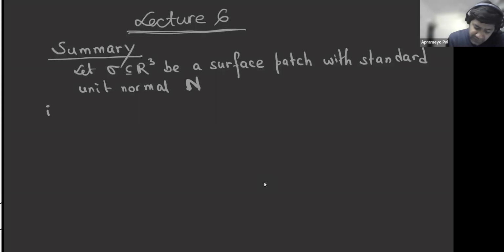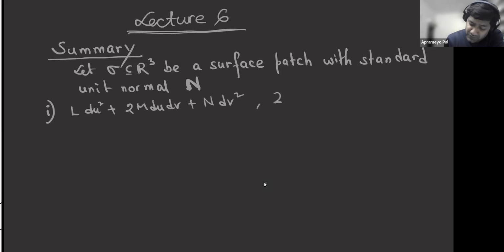Then the first concept we understood in the first lecture was the first definition of a second fundamental form, which was given by L du square plus 2m du dv plus n dv square. So this was called the second fundamental form.